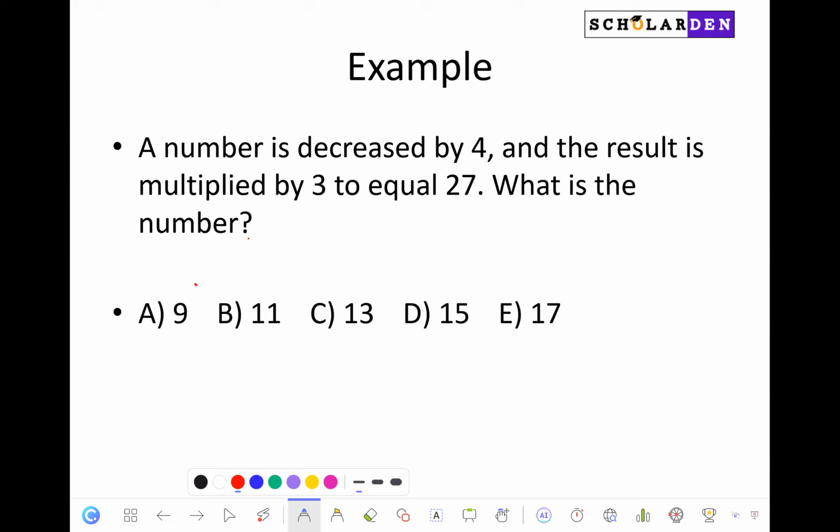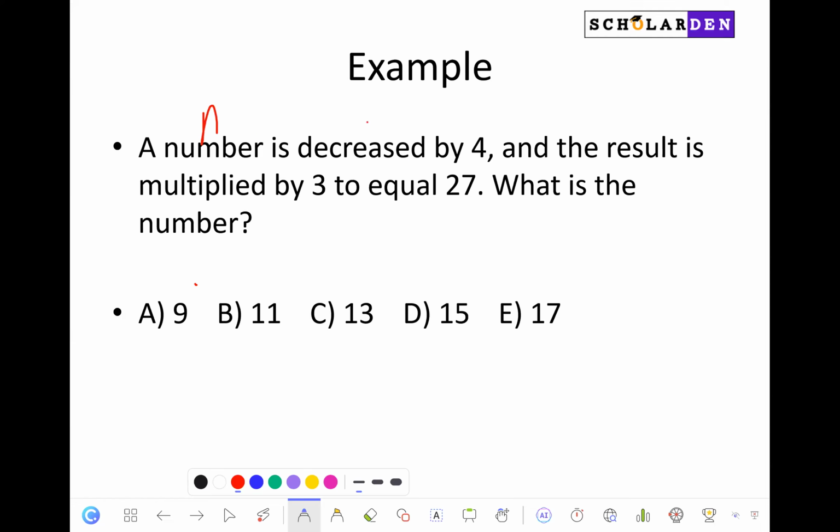I've seen that some of your friends have already done that. So let me do that for the rest of the participants as well. A number is decreased by 4, and the result, when multiplied by 3, is equal to 27. What is the number? Let's call this number n, because this is the quantity that we don't know. So the number is decreased by 4.